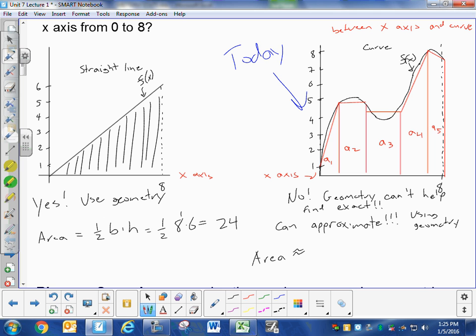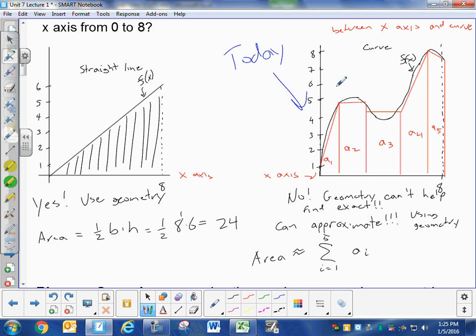The area is approximately equal to the sum of my areas, A_i, I'll say, start from my first area, go to my fifth. Okay, that's the idea of what we're going to be doing today. We're just going to take geometric shapes, plop them on top of a curve, and boom, we will have an approximate amount of area that we can calculate.